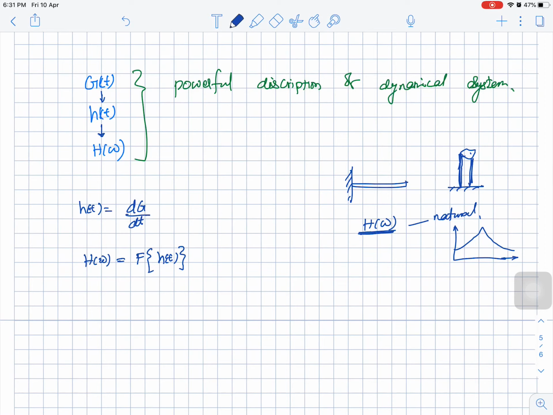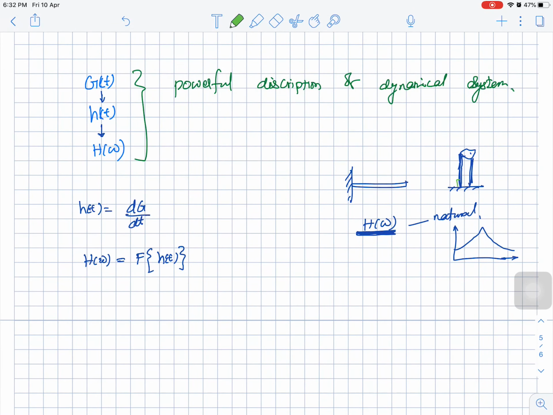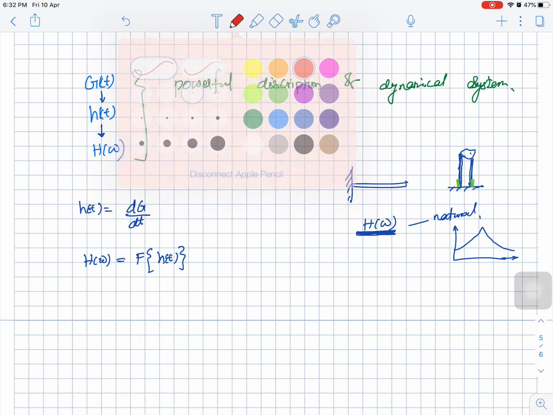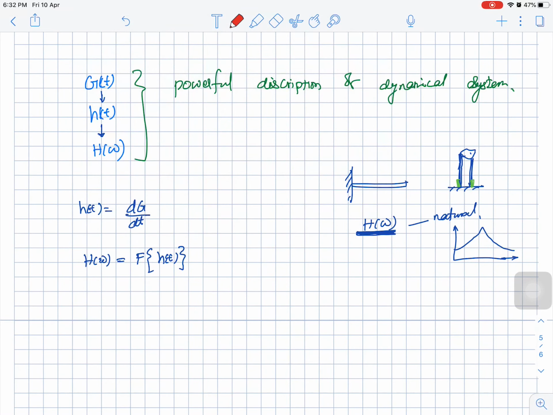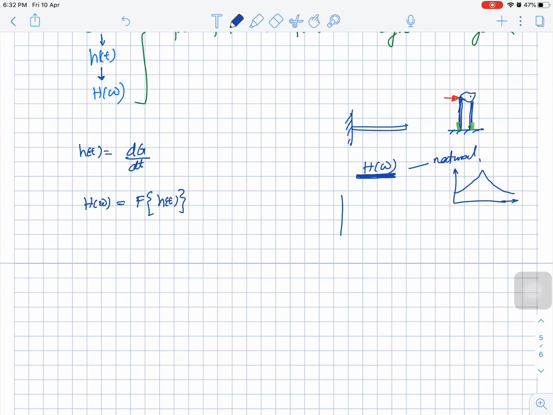You can get this with a very small experiment, where you place one sensor here and here, then you go to the top of this water tank and hit it with a large hammer. When you hit it, you will create a signal like this.